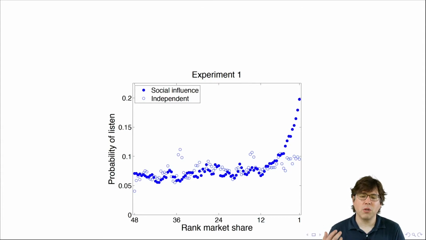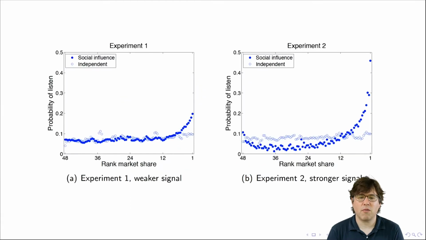And so the blue dots show that in the social influence worlds, people were more likely to listen to the songs with higher market share. In the independent world, it was flat. The probability of listening was basically independent of the market share. So people are being influenced by the popularity information.